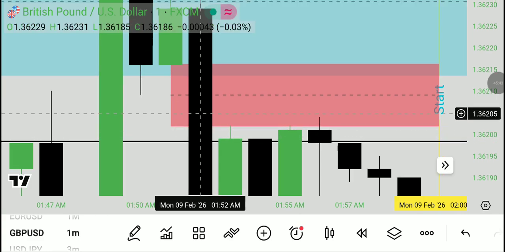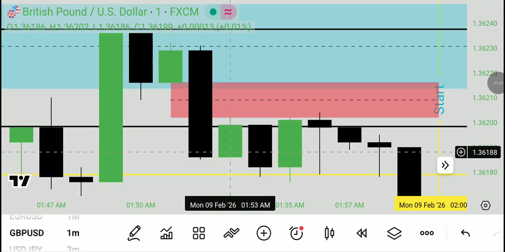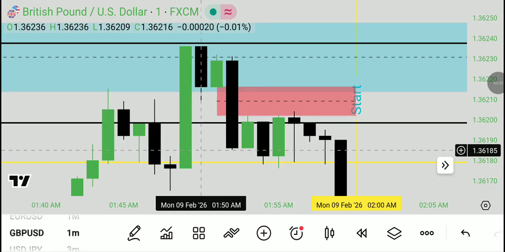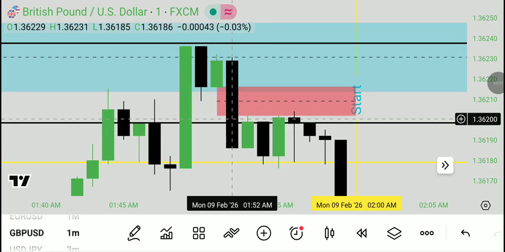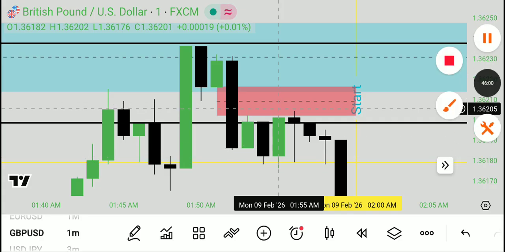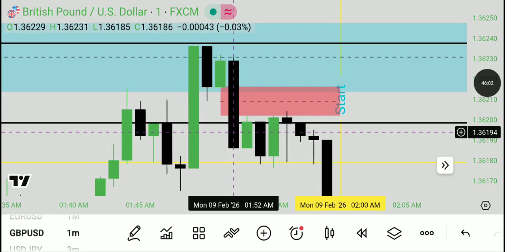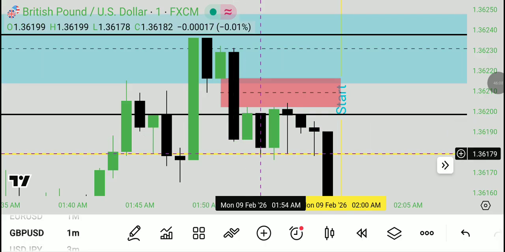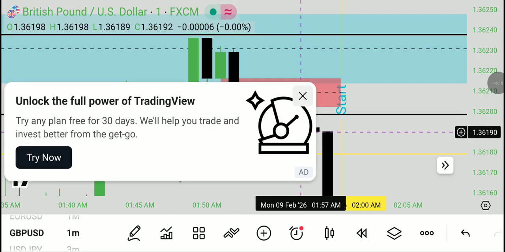If the market, after this displacement that was formed, comes back, what you should be looking at is if they are going to come back.